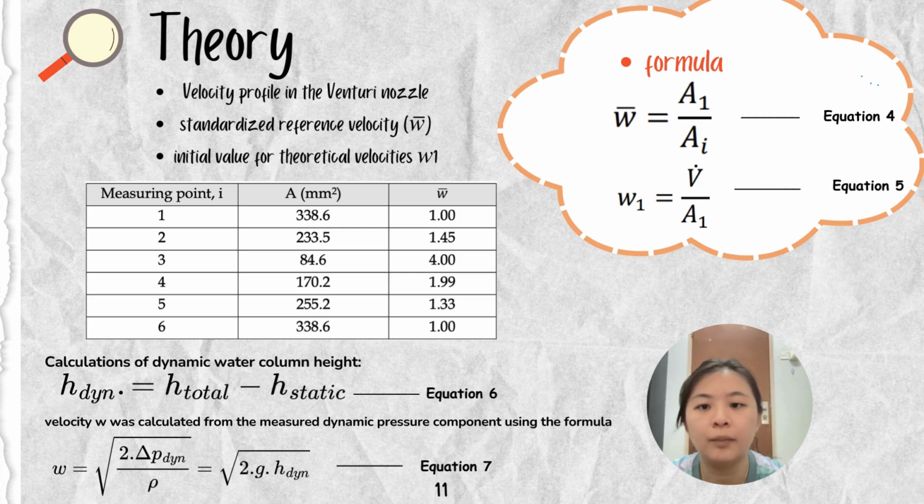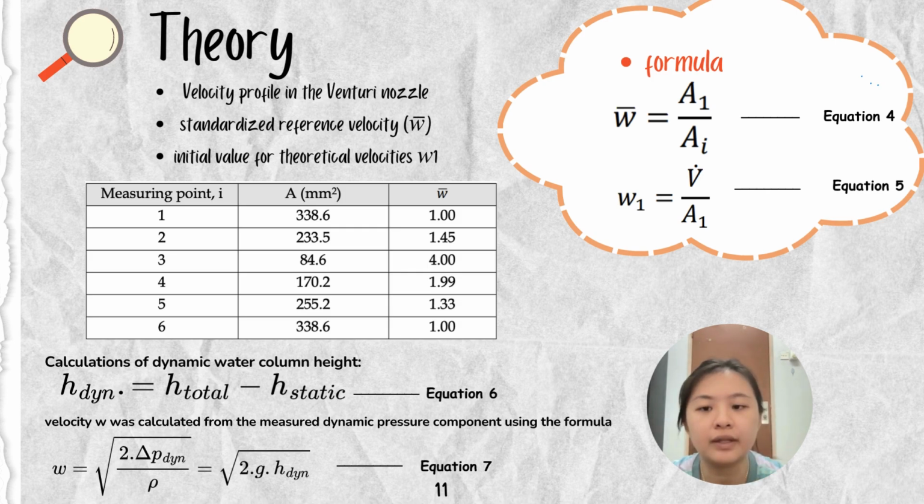For this part, we show how we get the theoretical velocity, W1. So how do we calculate it? First of all, you can see the table there. We have a standardized reference velocity for each measuring point.